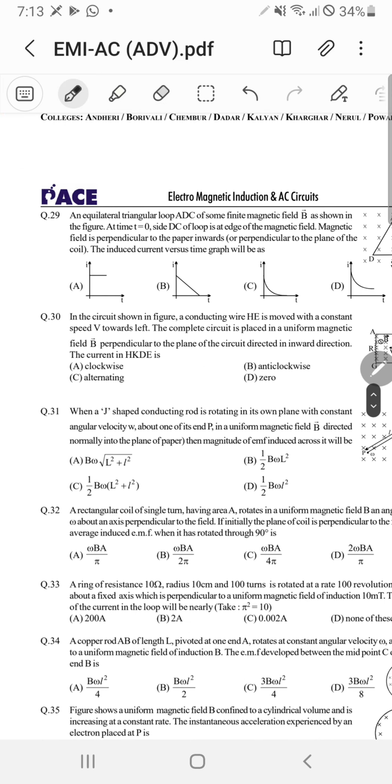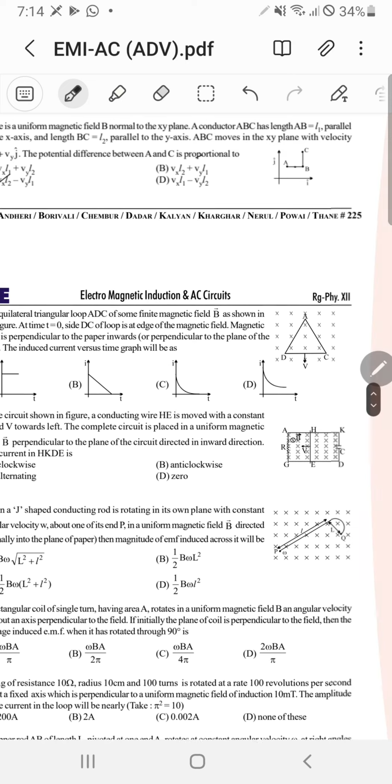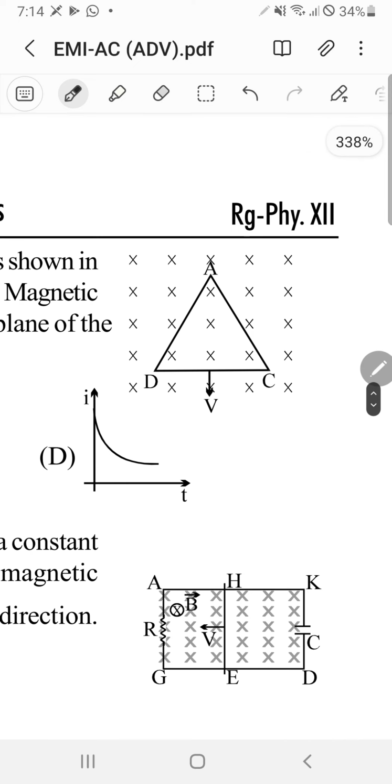Next, an equilateral triangle. Okay, cool. At time t equal to 0, side DC is at the edge of the magnetic field. The induced current versus time graph will be, so more like induced EMF versus time. The magnetic field is constant, so the change in the area will be these small strips, which are the change in area upon change in time.